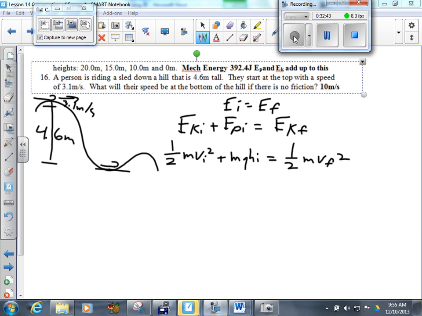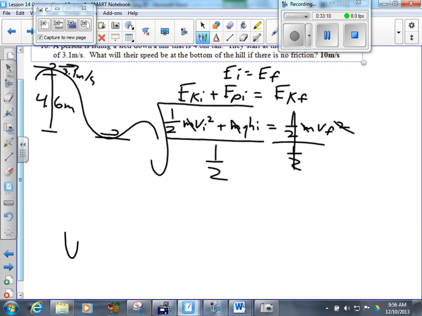All right, how do I get VF by itself? What can I do with all the m's? I can cancel them out, right? Which is good, because I didn't give you the mass in that question. The reason I didn't give you the mass, you didn't need it. It cancels off anyway. So now, divide both sides by 1/2 and square root.